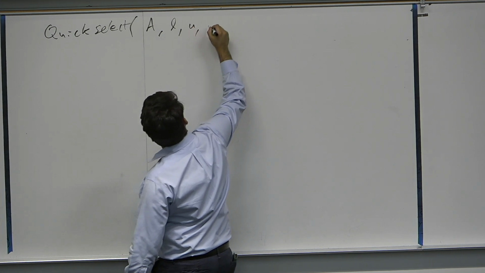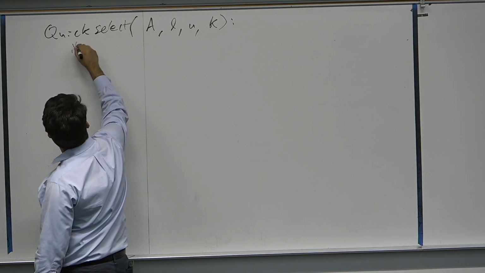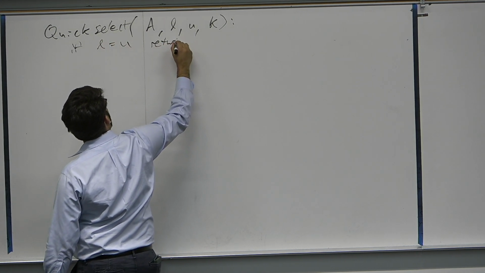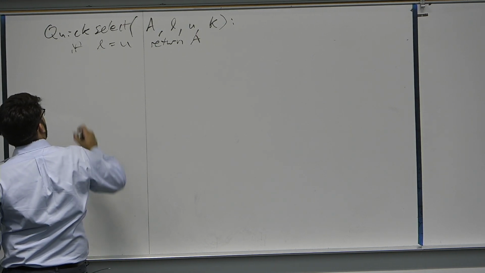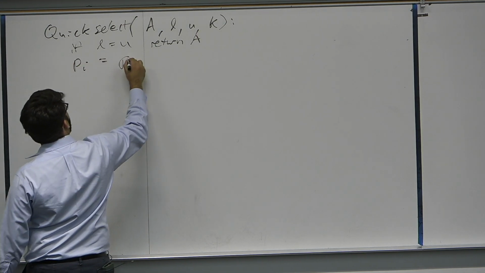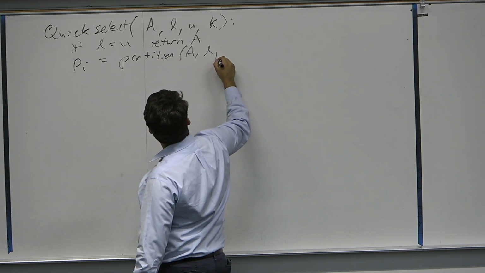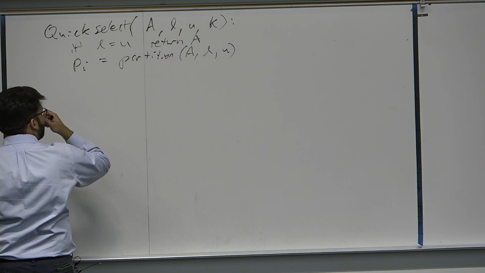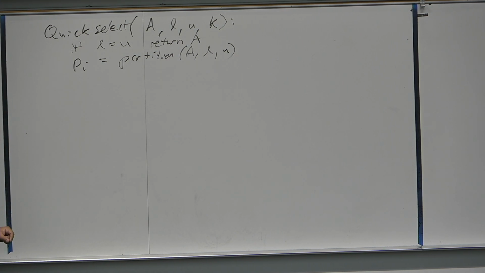We have A, L, U, and then we have an index k that we're looking for. If L equals U, or whatever our base cases are, return A. And then we choose a pivot pi by a partition function, which is exactly the same, for now at least: partition of A, L, and U. It doesn't need k. It chooses a pivot for us, and pi is the index of the pivot element that has been returned.